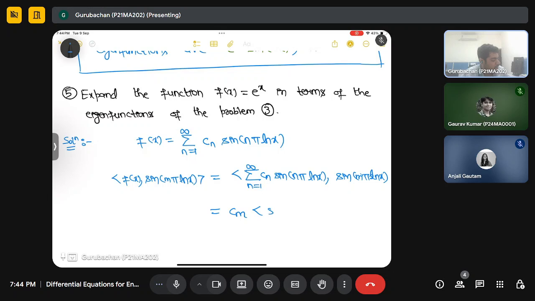So it will be sin(m pi ln x) inner product with sin(m pi ln x).